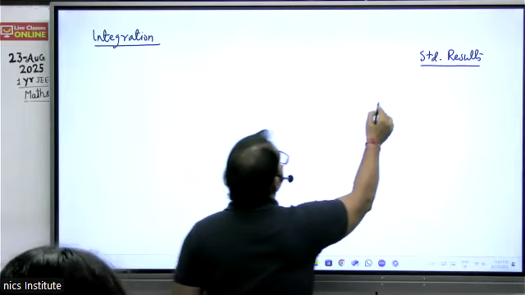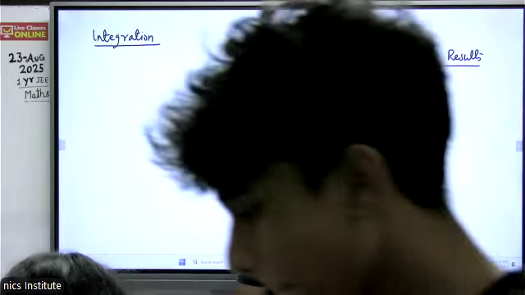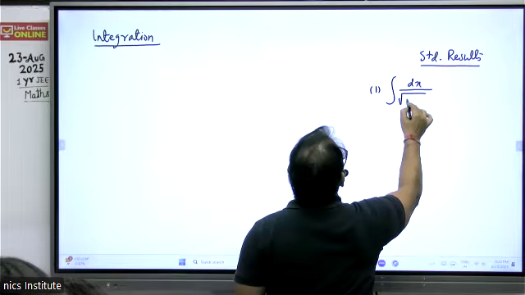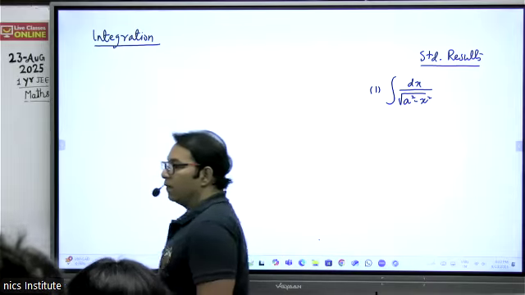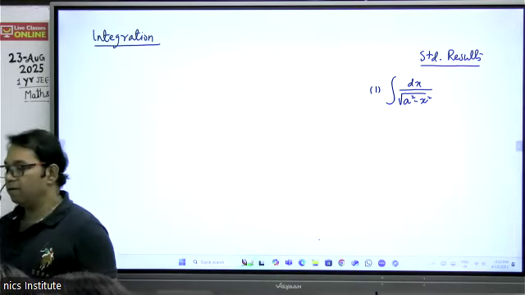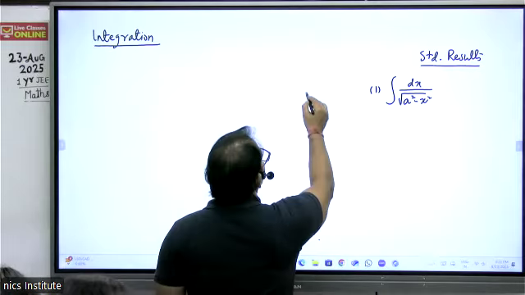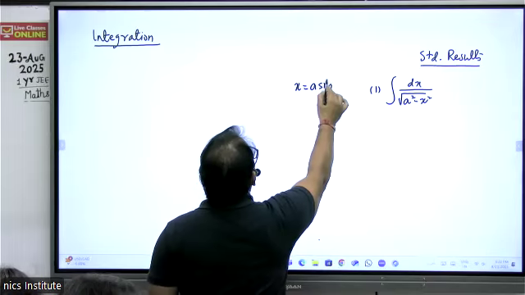Now, suppose you have this question. Integrate dx by under root of a square minus x square. If you come across a question where you have root of a square minus x square, the substitution would be in such a way that the under root will go away.